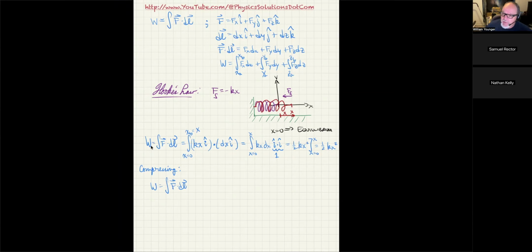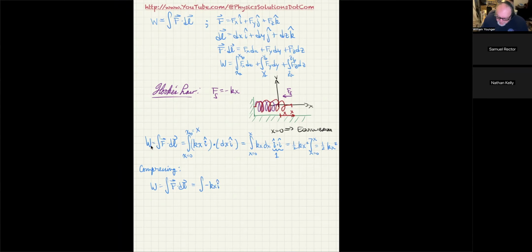So this time I'm going to use the limits of integration to indicate the direction of integration. The force is still going to be, in this case, I have to compress it, so the force is going to be in the negative x direction. So I'm going to get negative kx I hat.